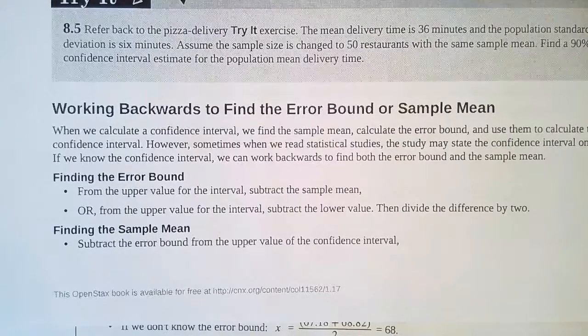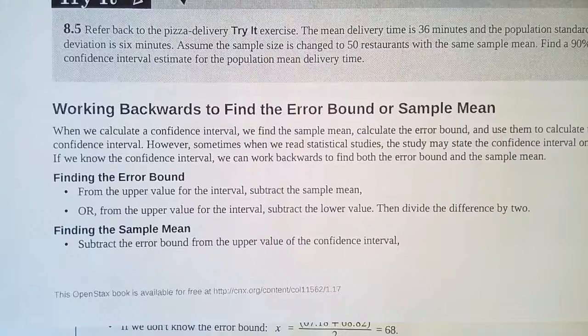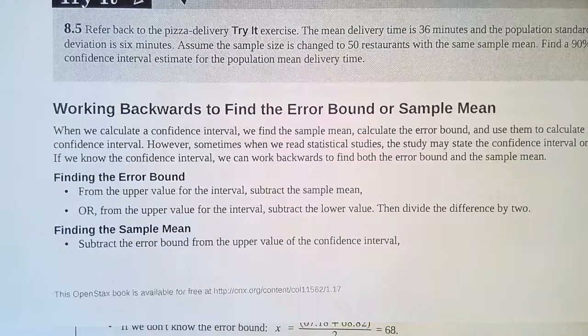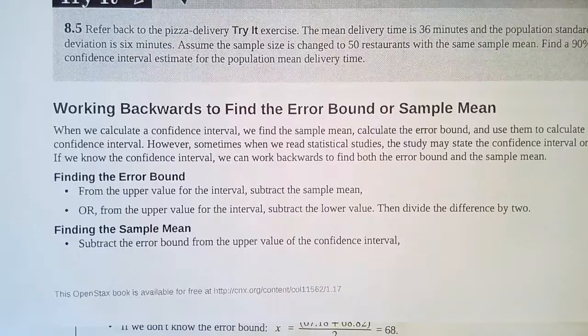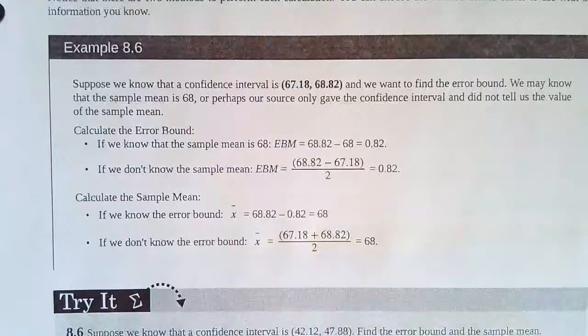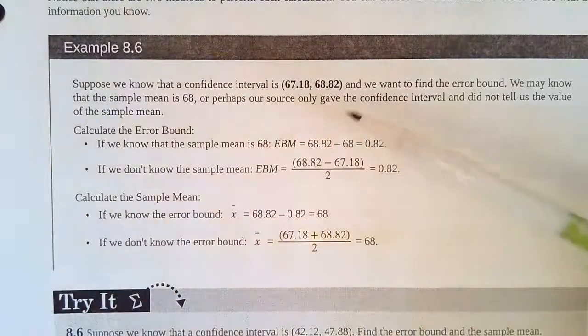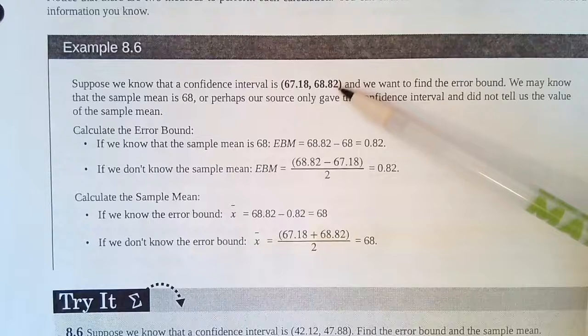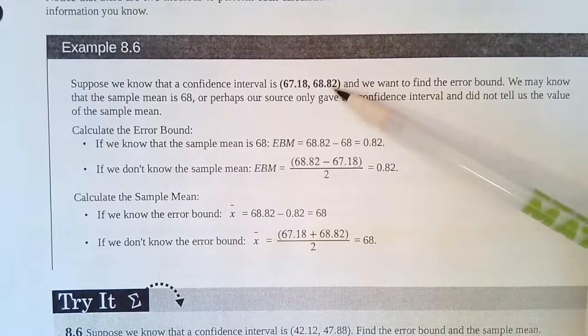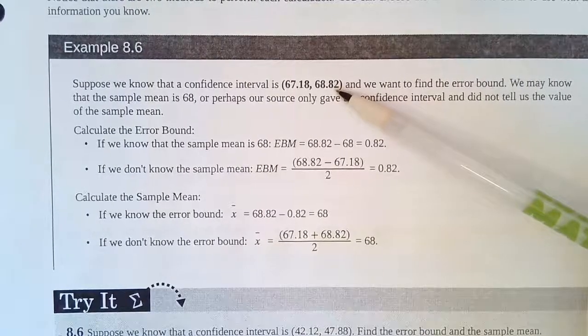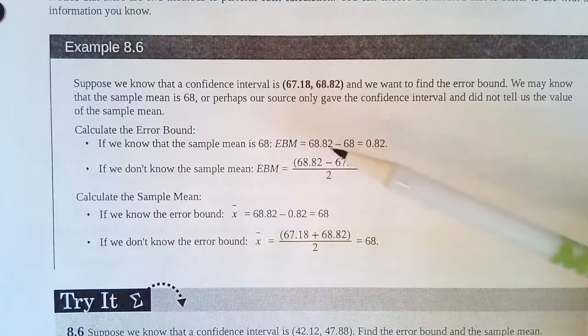Okay, this is on page 451, example 0.6. With the confidence interval, you can find your EBM, your error bound, and you can also find the sample mean. If we know that this is our confidence interval, then we just have to find the middle of it to find our mean. So down here, we're just subtracting the two, finding the middle, and that's going to be the sample mean.